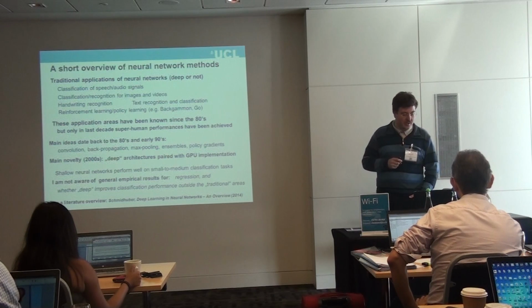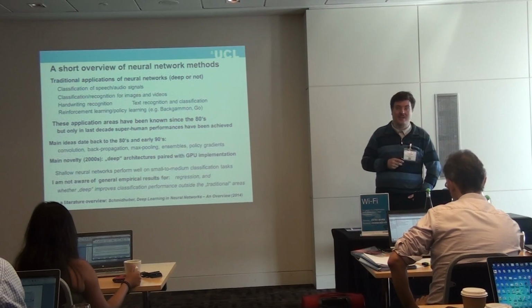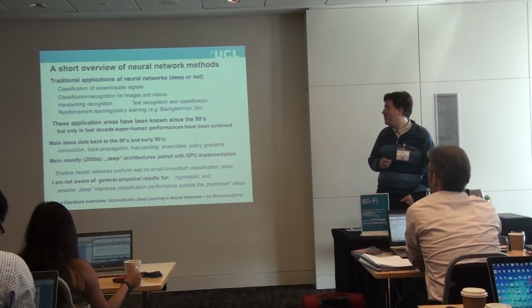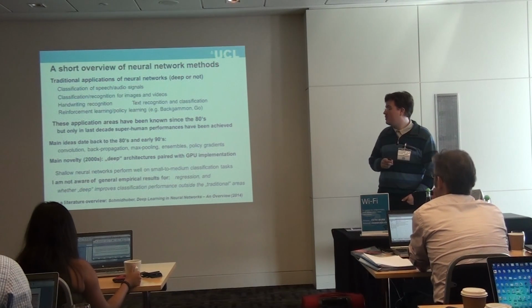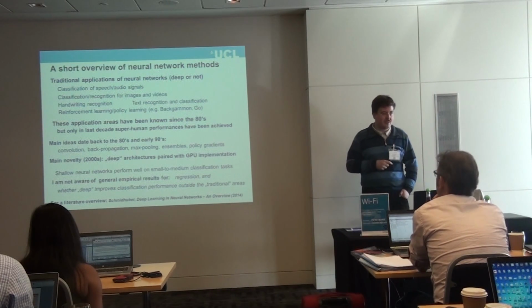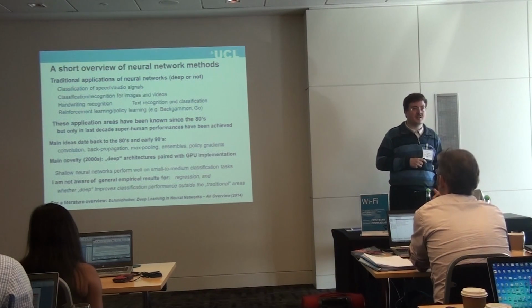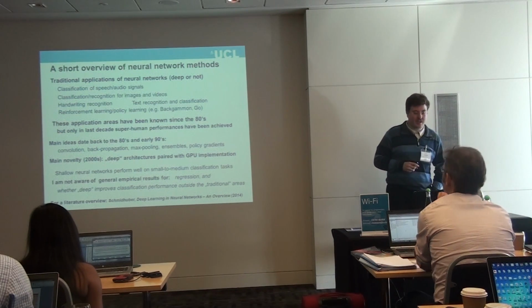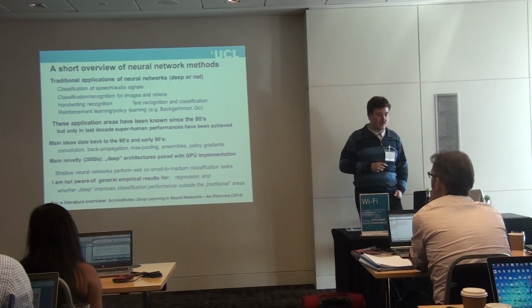So the current deep learning phase, I think, has been lasting since 2000, 2005, 2006, when these deep architectures started beating other algorithms to the ground in these traditional applications, particularly on the image classification, pattern recognition side.